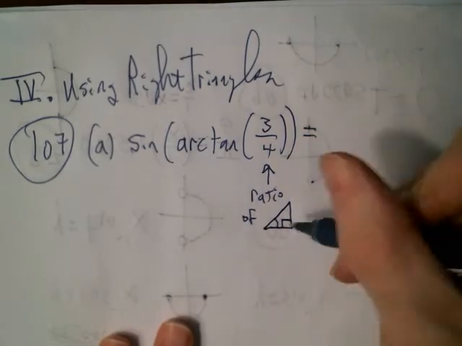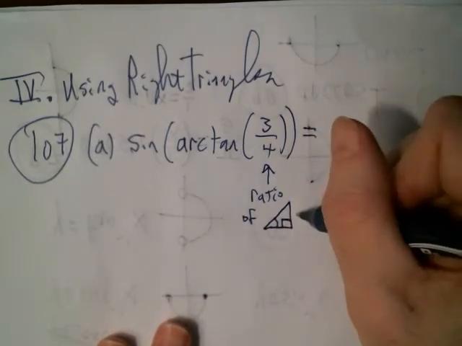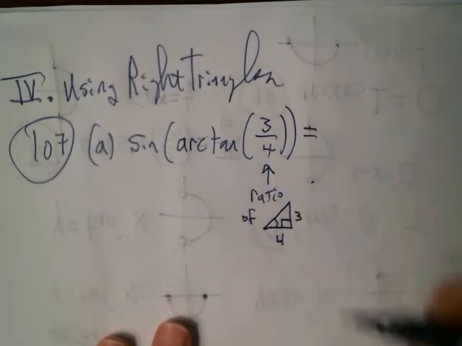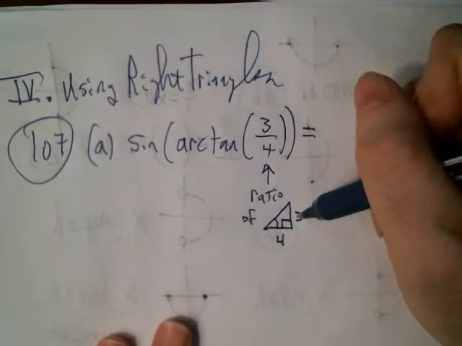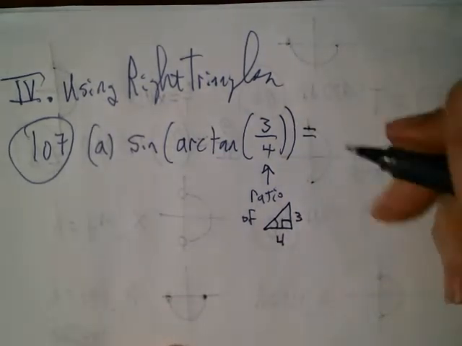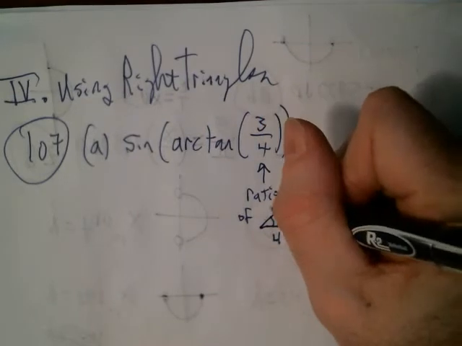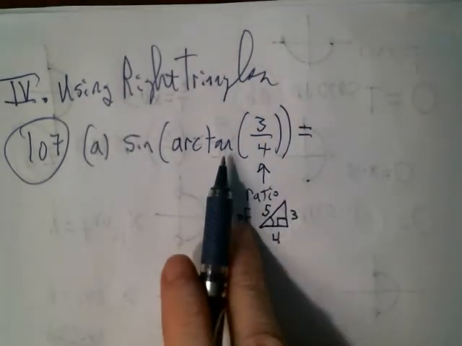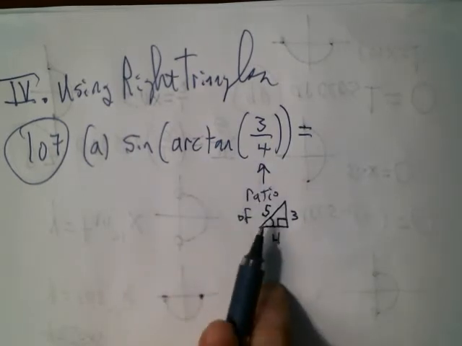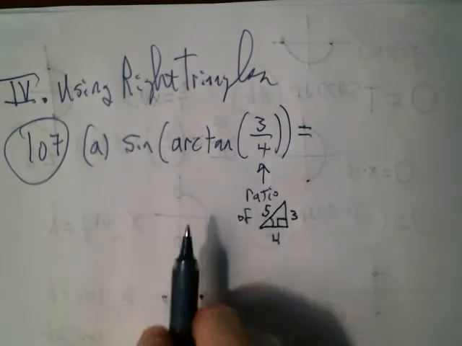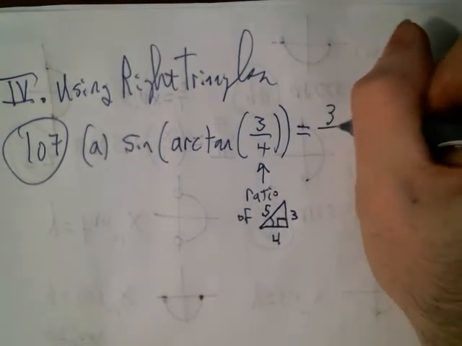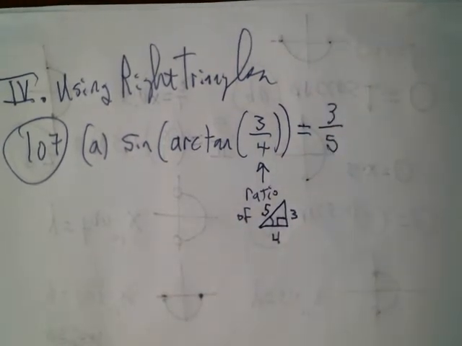Tan was opposite over adjacent, so it's the ratio of sides of this little triangle here, opposite over adjacent. And you just use the numbers in here to fill out the sides of the triangle. So there's a 3, 4, 5 triangle. Okay. And then the sine of this whole thing is the angle inside this triangle. The sine of that is going to be opposite over hypotenuse, so you end up with 3/5.